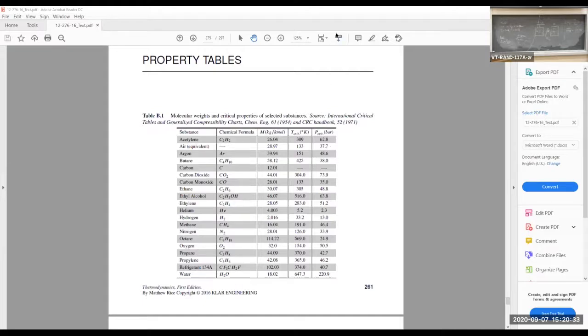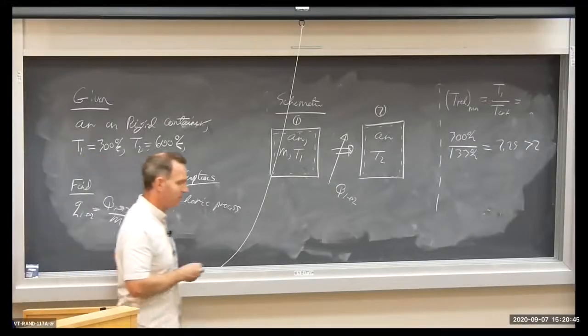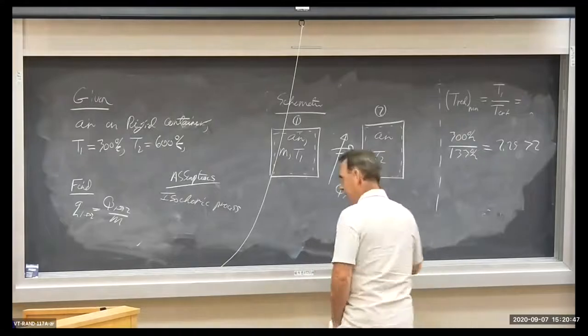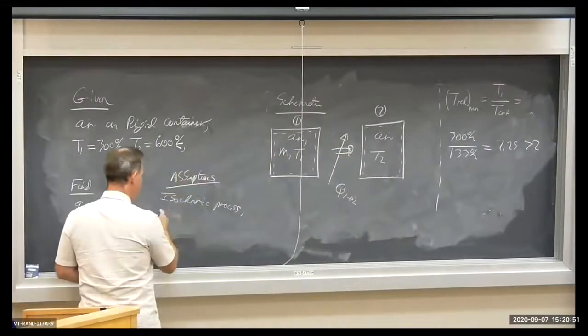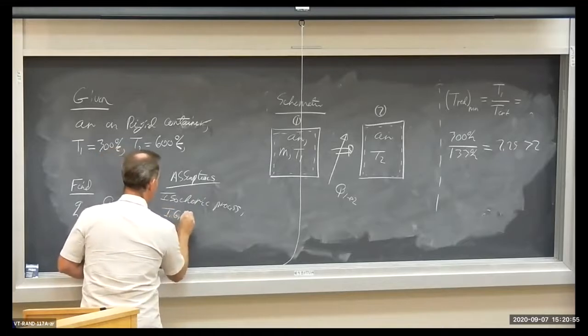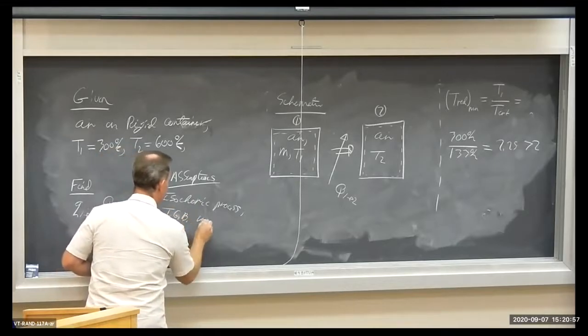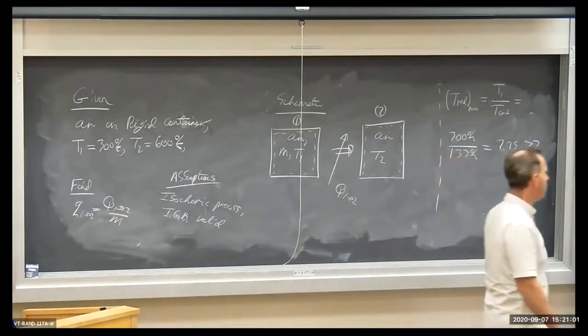Because the critical pressure is so high, for most workable pressures it's quite plausible from an engineering standpoint that our reduced pressure is going to be less than 0.2. So I'm not going to make too much of a song and dance out of it. I'm just going to write under my assumptions, ideal gas behavior valid. We can treat the air as an ideal gas, okay?